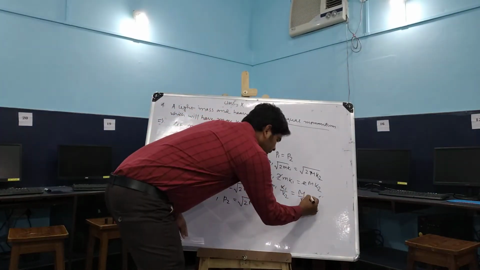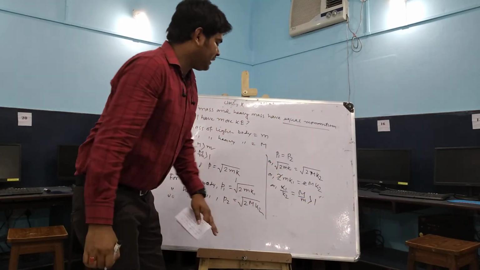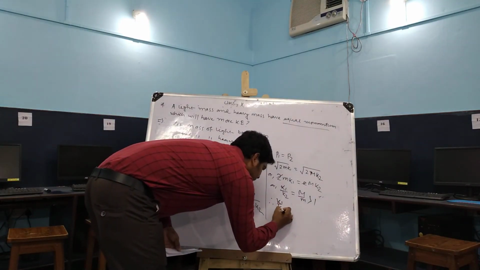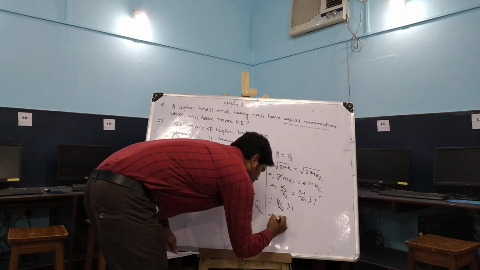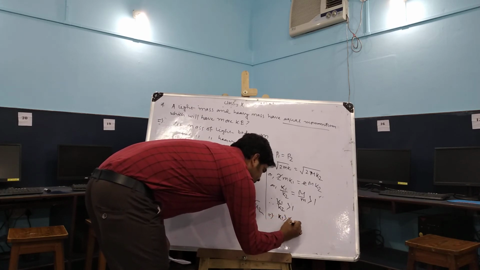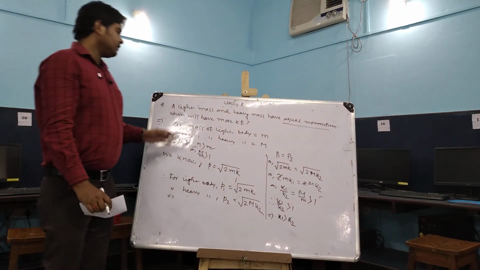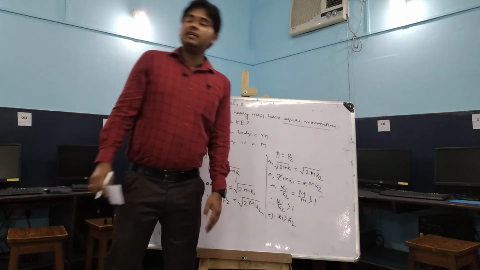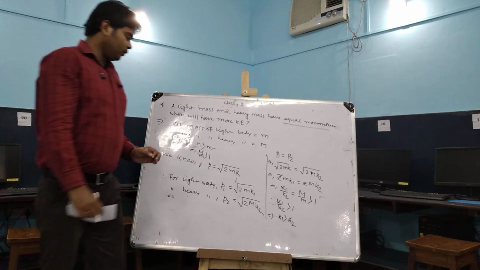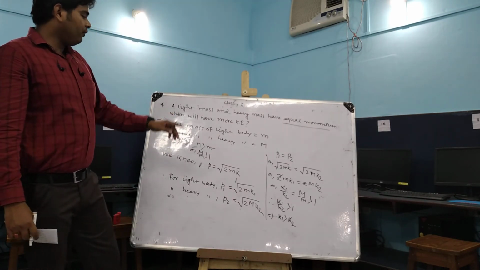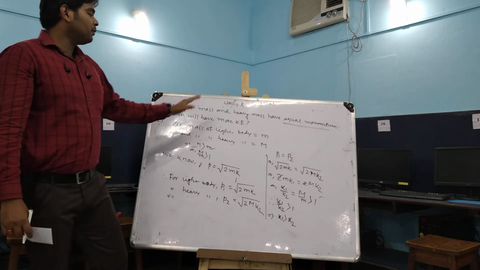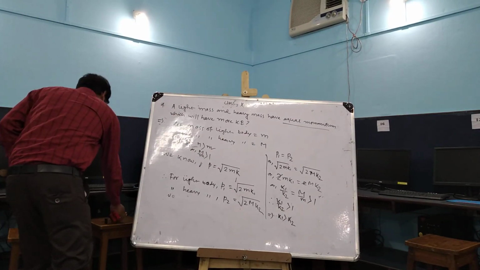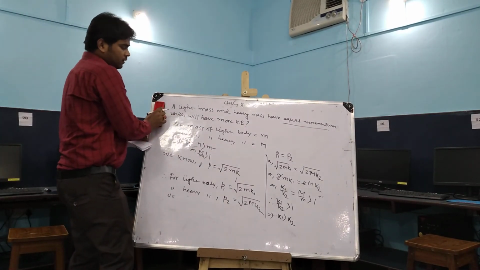From this, K1 is greater than K2. So what is the answer? K1 is the kinetic energy of the light mass and K2 is the kinetic energy of the heavier mass. So the lighter mass has more kinetic energy. Got it?